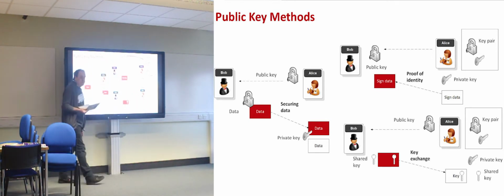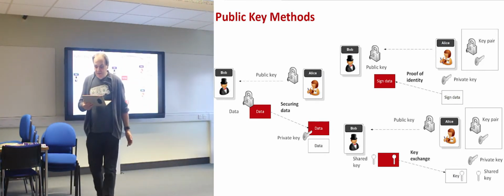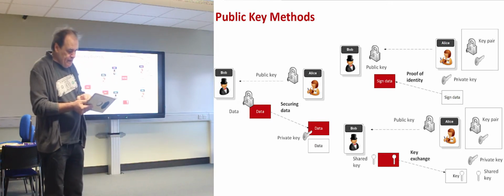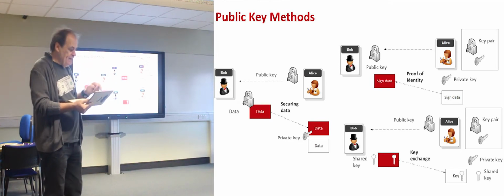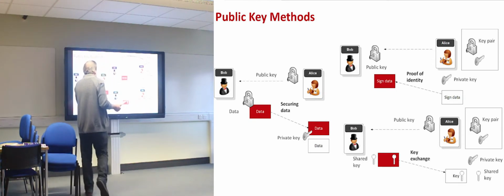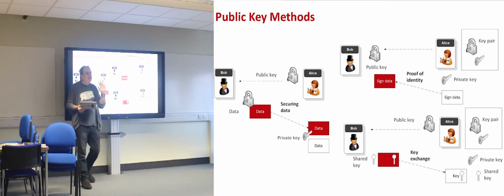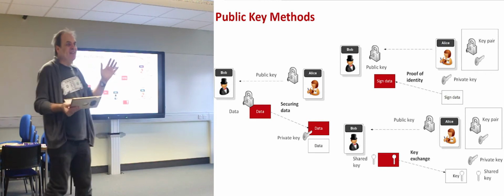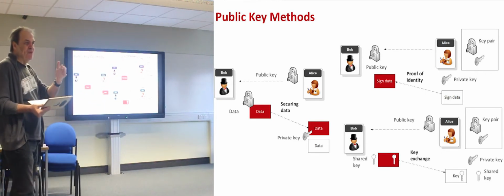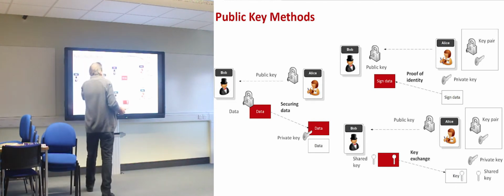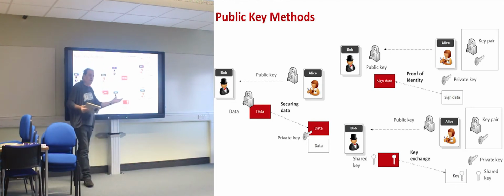So that's one. The other one that's really good is that what Alice can do, so let's say that Alice is Google, and Bob's going to buy something. So we can do key exchange. As we'll find later, Bob and Alice can talk in free space, and Eve is listening, and at the end they magically create the same key. That's key exchange. We'll look at the Diffie-Hellman method. And an even better method is that Alice tells Bob, create your key.